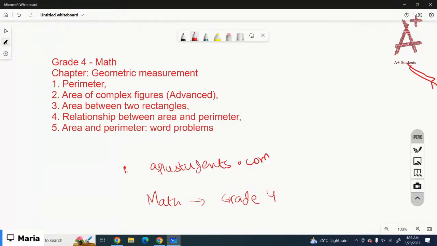We're going to start with the chapter geometric measurement, and the lessons are: area of complex figures, area between two rectangles, relationship between area and perimeter, word problems.